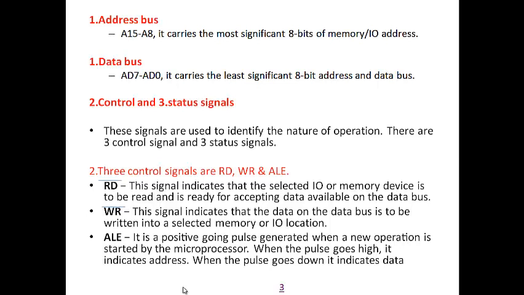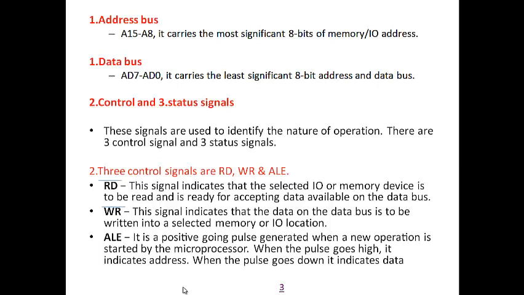The RD bar signal indicates that the selected input, output or memory is going to be read. And WR bar is for whether it is going to be written in the selected memory or the input output device.